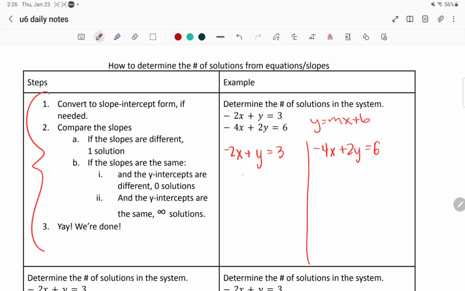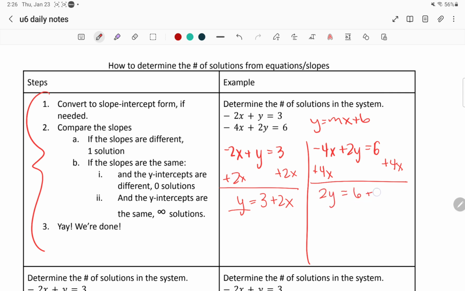So I'm going to add 2x to both sides: y equals 3 plus 2x, and y is already alone, so that's great. For the second, I add the x term over, adding because it was negative. I'm left with 2y equals 6 plus 4x. Divide everything by 2, and I'm left with y equals 3 plus 2x.